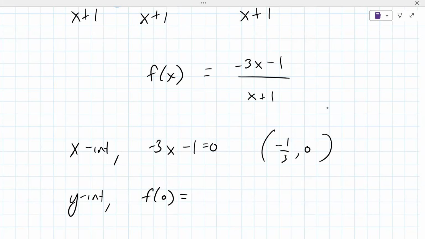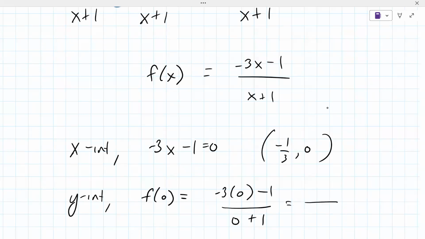Try again. -3 times 0 is 0, minus 1 is -1.